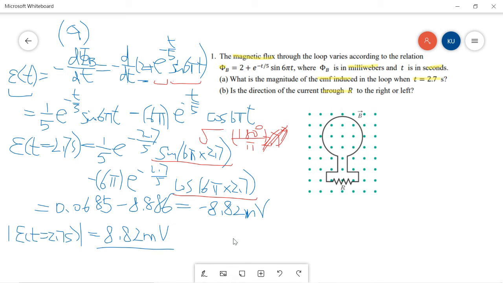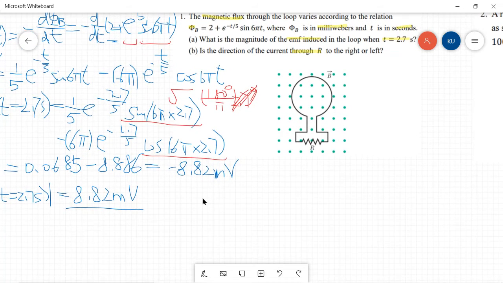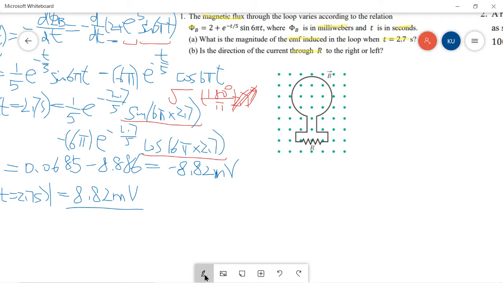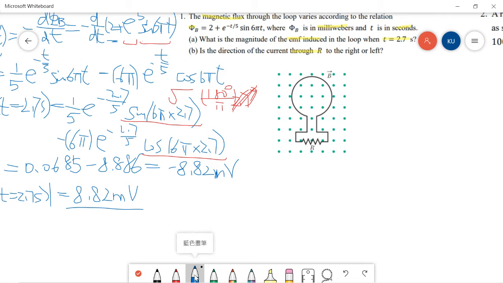For part B, we need to determine the direction of the current through R. For this question, B is positive when B is pointing out of the page. This green dot means out of the page.